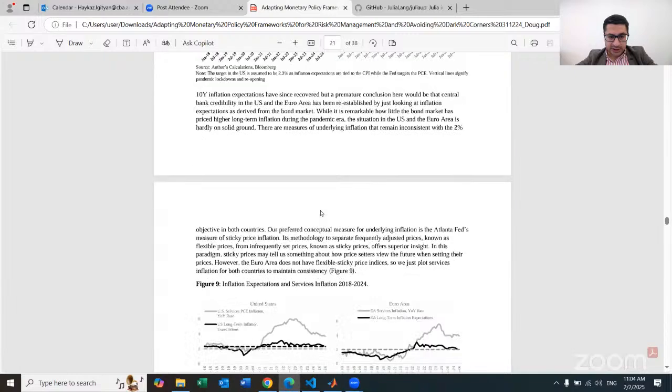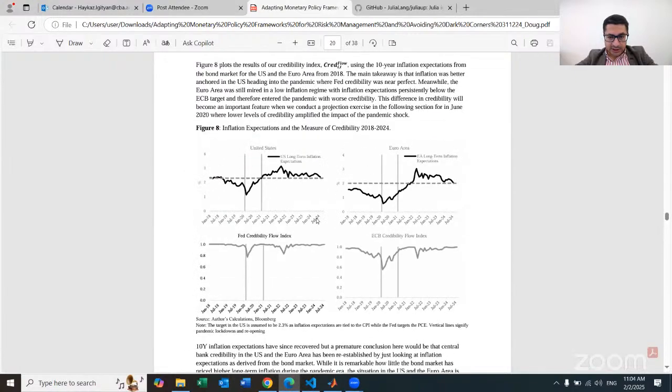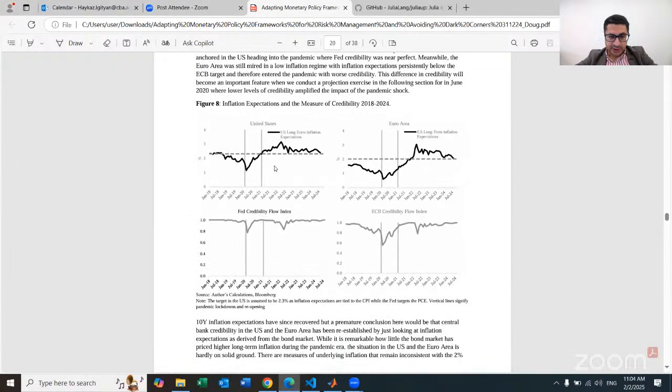So we calculated these initial conditions of the credibility using long-term inflation expectations and all the analytical things which Ani presented, all these probabilities of high inflation regime, low inflation regimes, and having that, we calculated credibility index for Fed and ECB and took these initial conditions in our simulations.